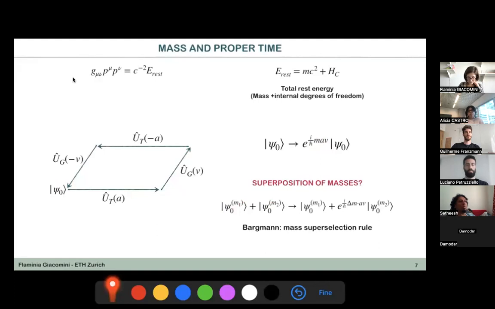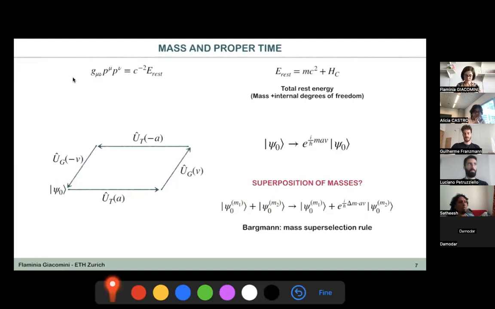And in front of this other state, we will have the same phase, but with m2. So what we get is that for a state that is in a quantum superposition of masses, this global phase becomes a relative phase that depends on the difference between the two masses in the two amplitudes of the superposition. So now something that we thought had to go back to the initial state will definitely not go back to the initial state, because this is an observable phase.